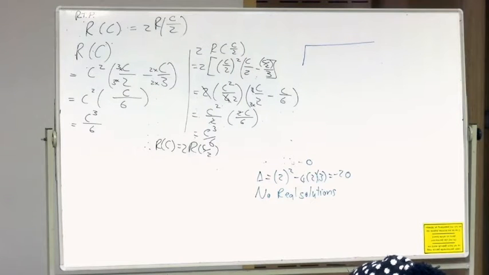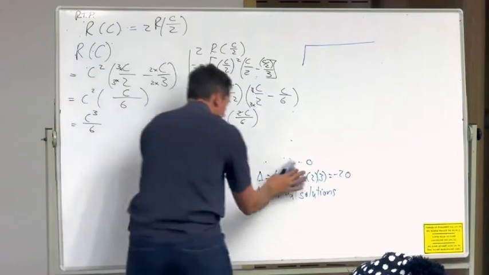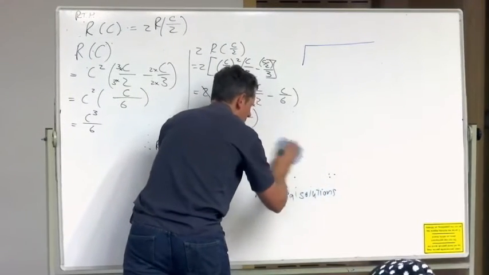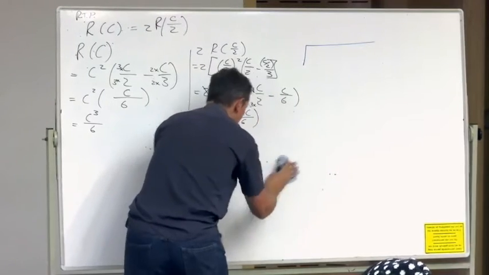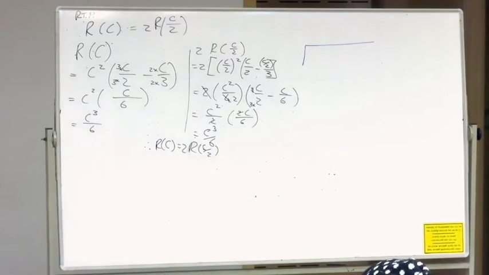Now, I wrote out every step. You can make it much simpler if you know your maths and you can go all quick. But it's fine. Let's go just the way it is. Now, ladies and gents, let's quickly have a look at the second part. Now it says R accent of x.